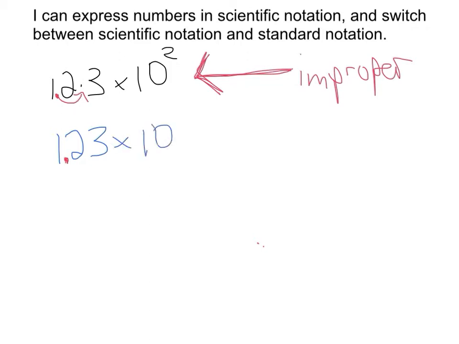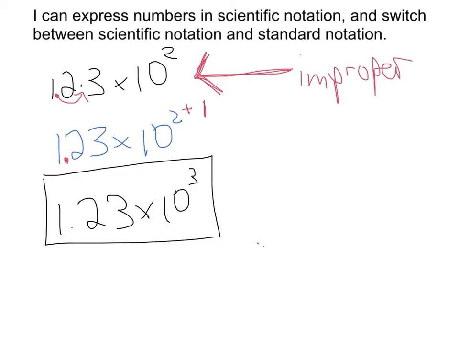So if I had this exponent, whenever you move to the right, if you recall, you need to add the number. I went to the right by 1, so I'm going to add 1. So my new number is going to be 1.23 times 10 to the third power, and that is in correct, proper scientific notation.